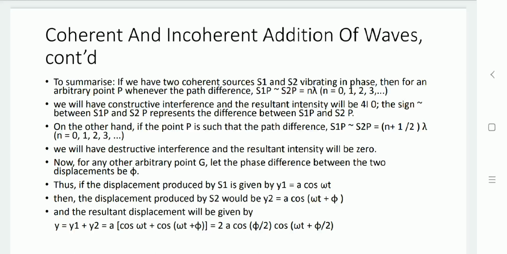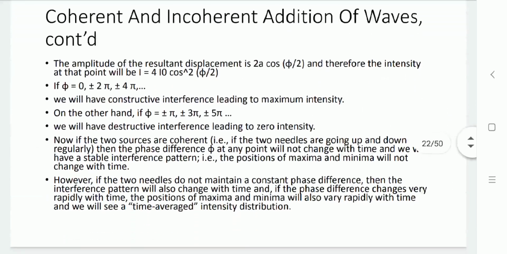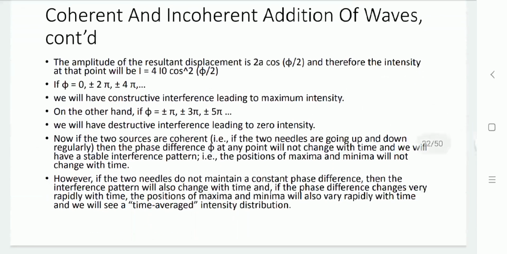That is equal to 2A cos phi by 2 into cos of (omega t plus phi by 2). So the amplitude of the resultant displacement is 2A cos phi by 2, and the intensity is I equals 4I0 cos squared phi by 2.